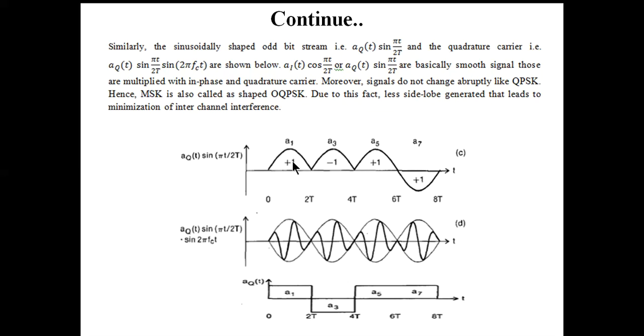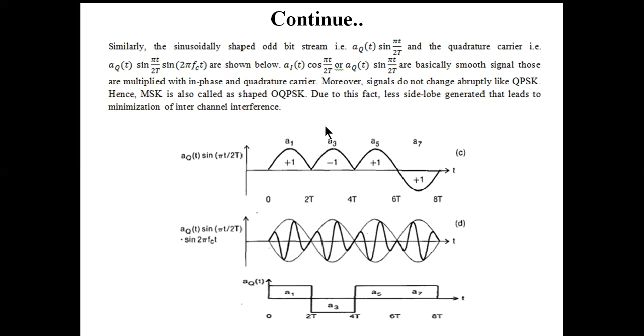Next, sine is negative and the bit is also negative, so negative times negative is positive, and we again get a positive sinusoidal. Next, sine is positive and the bit is also positive, so we get the positive sinusoidal. But in the next case, sine becomes negative but A7 is positive, so positive times negative means negative, and we get the corresponding negative pulse. If we multiply it with sin 2 pi fct, we get this type of signal.